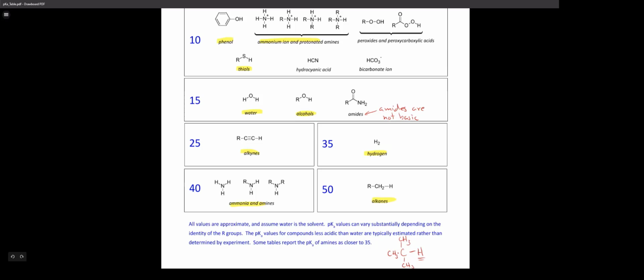So that means its conjugate base, take away the proton. It takes a lot to remove that proton. And so this is about as vengeful as it can get. It wants that proton back. So this is about as strong a base as you're ever going to deal with, okay?